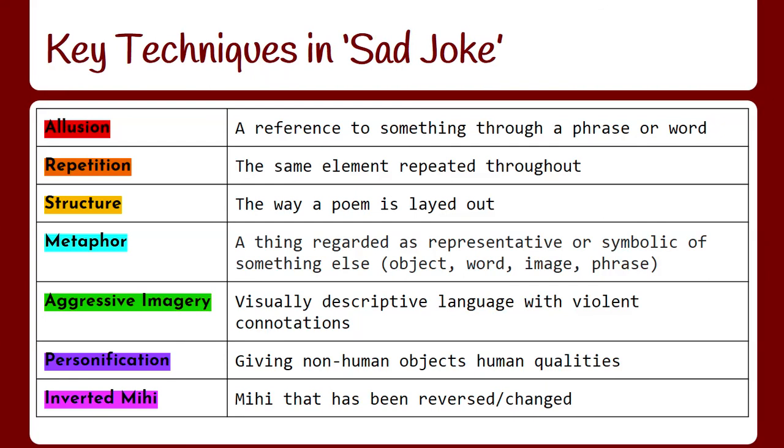So color code them on your copy, because that's how I'm going to be running the analysis, is via color. Okay, so you need to make sure that your highlighting makes sense. Okay, so for me, the allusion is red, the repetition is orange, and so on, and that's going to be how I do it all the way through.